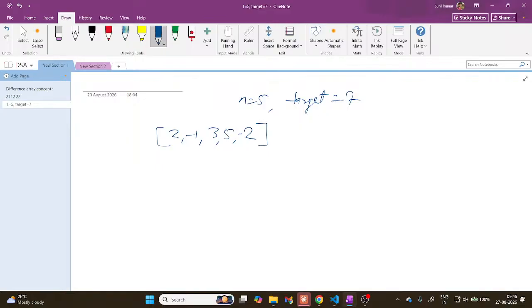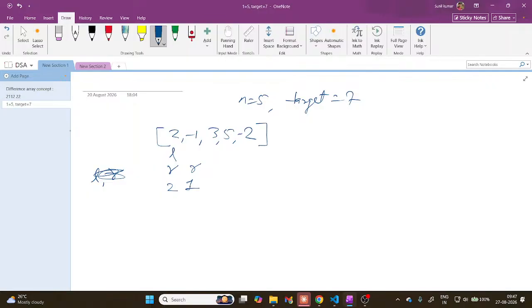So one thing we can do is have two pointers, left and right. This is left, this is right. Here the subarray sum is 2. Then I encounter R, and the sum is now 1.